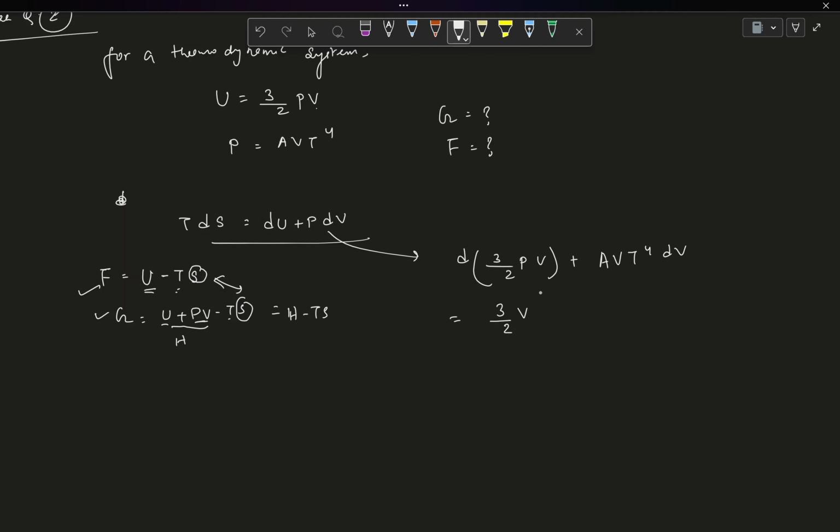We are only taking the constant part outside. The rest of the part is P times V, where P remains, substitute P as A V to the power 4, and when it is multiplied by V, this is A V squared T to the power of 4, plus A V to the power of 4 dV.